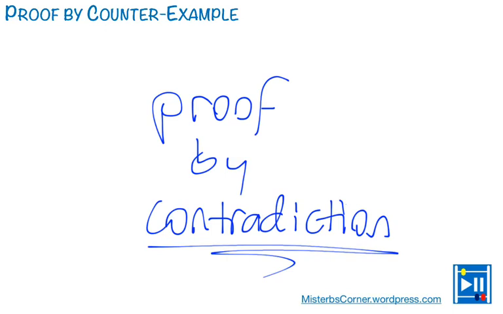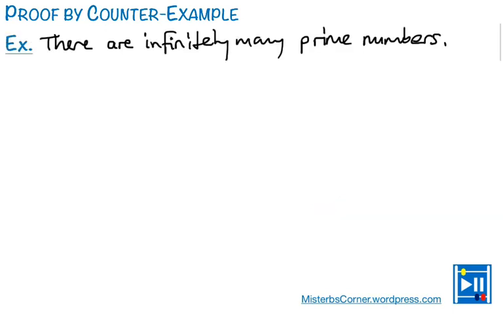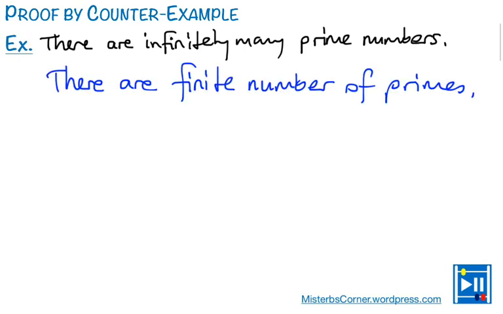Let's see an example. Now we know that there are infinitely many prime numbers, but we know this because it's proven. And you will see now how simple the proof is. Now let's consider the opposite of this statement, which is that there aren't infinitely many prime numbers, but we have a finite number of primes. So let's write this down. Now if there are a finite number of primes, then we can list them.